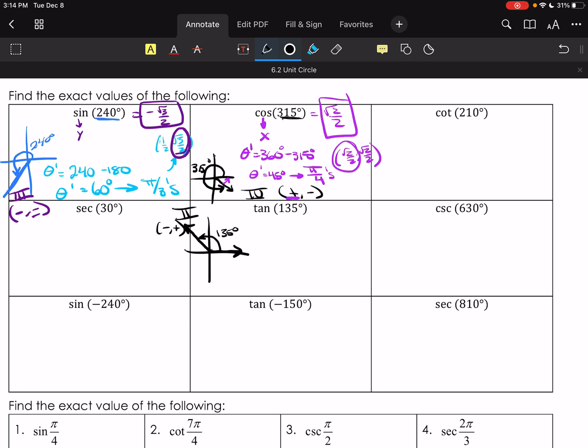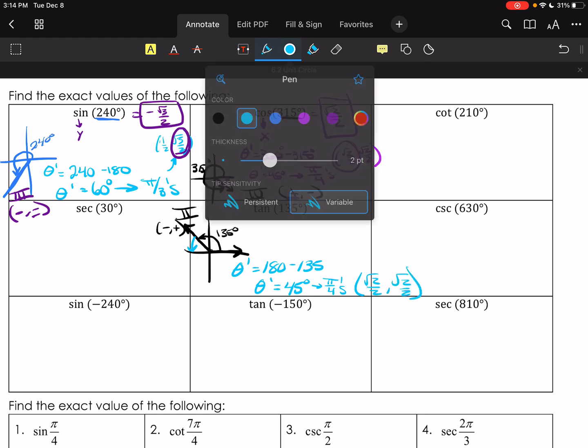So that is a reference angle of 45 degrees, right? 180 minus 135 gives me 45 degrees, okay? So that means I'm dealing with my pi over 4s, which again has the ordered pair square root of 2 over 2, square root of 2 over 2.